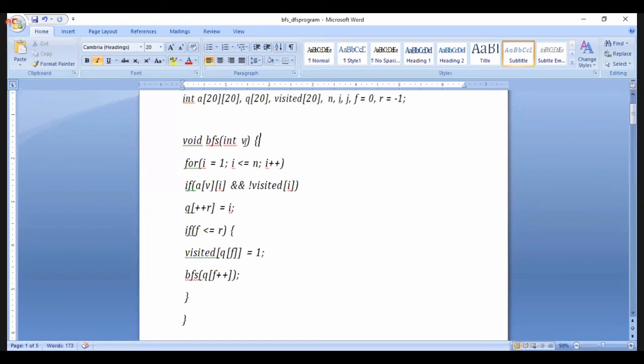All of you look at the code again. CSE A, B, C, all sections. If you want, I'll explain again. Is it clear? Answer me.